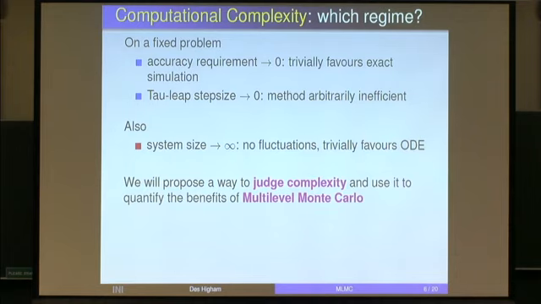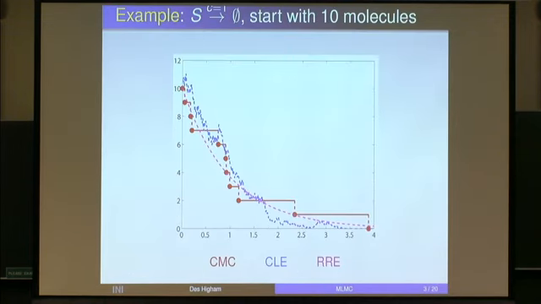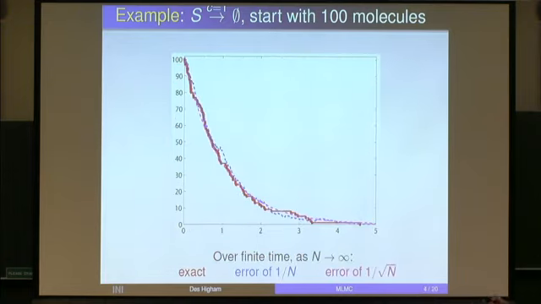Let me go back and just try and explain that a bit more. Any of these continuous time Markov chain models ultimately give you piecewise constant paths. Nothing happens in between the reactions. So the exact solution path is piecewise constant. If you discretize that with, say, Euler's method, you're discretizing ultimately constants.